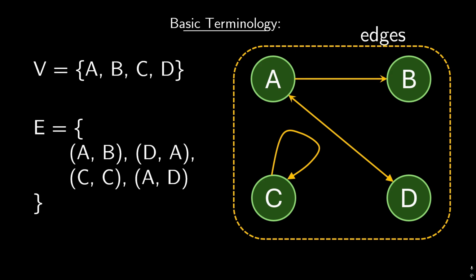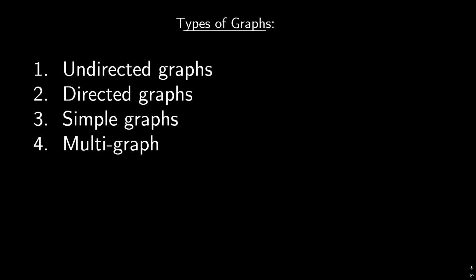But in graph theory, we wanted to focus on special kinds of graphs and not just arbitrary relations. In particular, there are at minimum 4 kinds of graphs that we care about: undirected graphs, directed graphs, simple graphs, and multigraphs. Not multiple graphs, sorry, multigraphs.